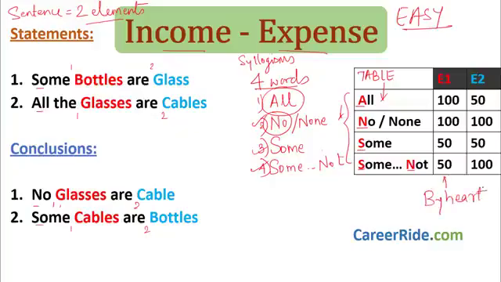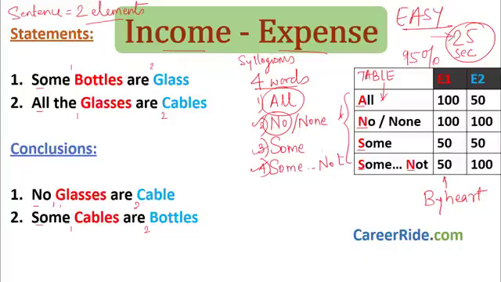Once you know this table by heart, 95% of your work is done and you will be able to solve the sums related to syllogisms in hardly 25 seconds. Yes, believe me, if you learn this table by heart, you will solve the sums related to syllogisms in just 25 seconds.